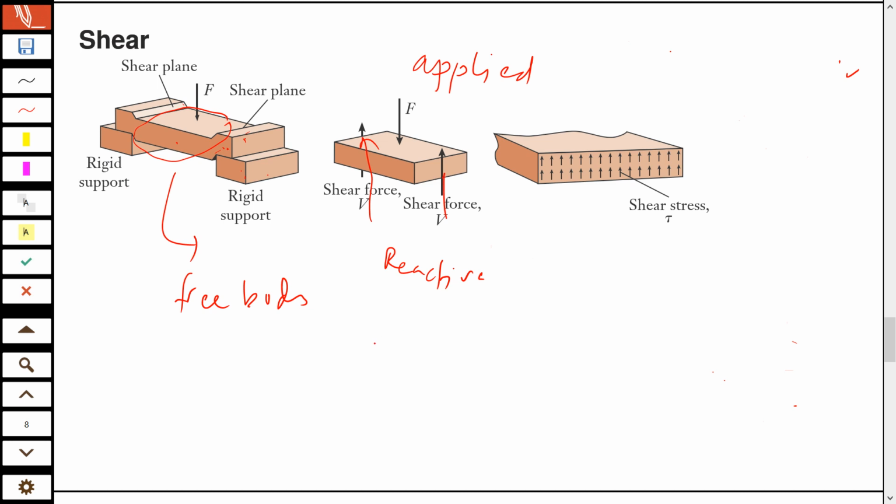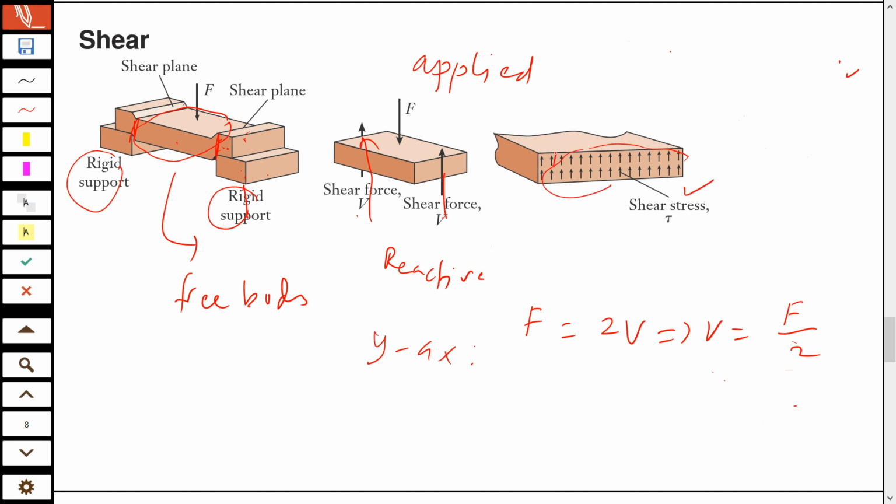Why are there two? Because there are two such overlaps. Static balance requires that, with force balance along the y-axis, these two must be equal to F. So F must equal 2 times V and V must equal half of F. And this is just to emphasize that shear stress is also a consequence of these distributed forces.